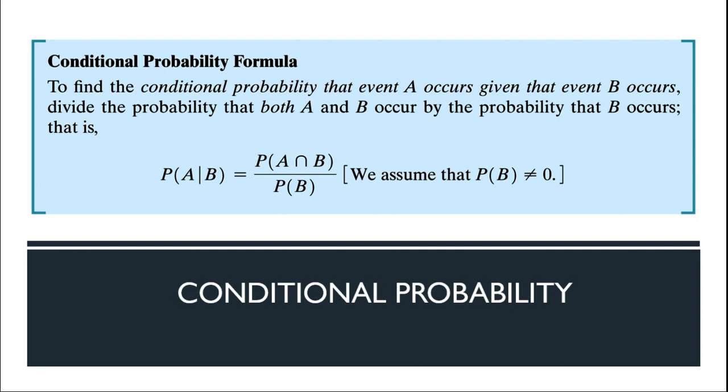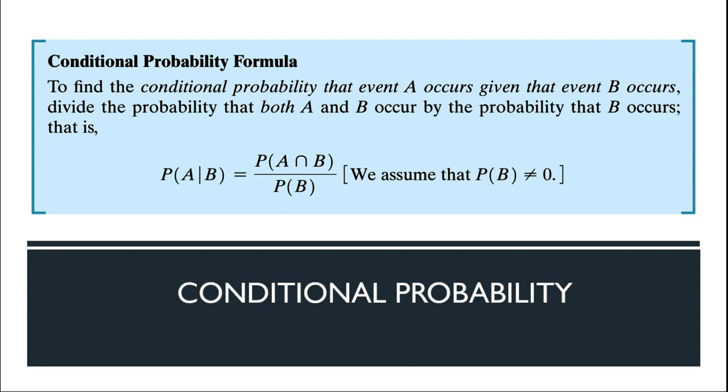Often, we have additional knowledge that might affect the outcome of an experiment, so we may need to alter the probability of an event of interest. A probability that reflects such additional knowledge is called the conditional probability of the event.